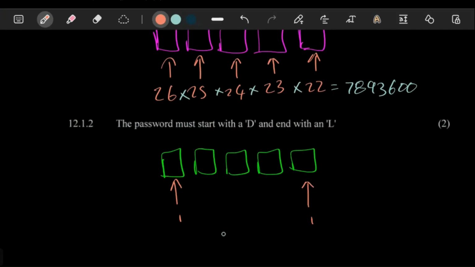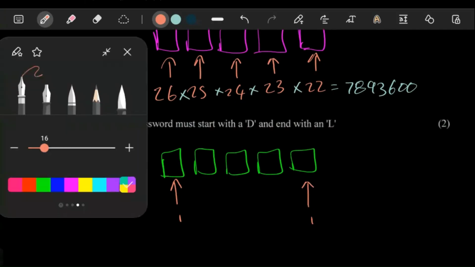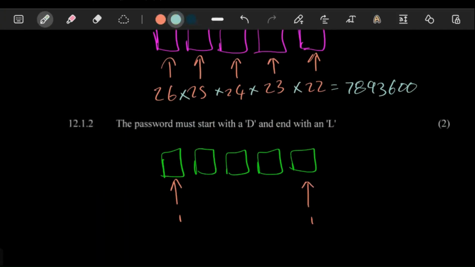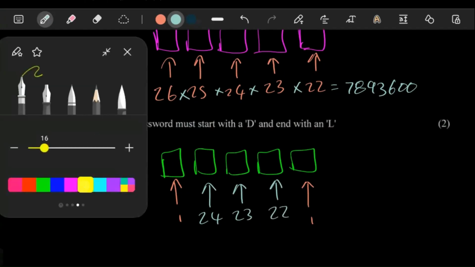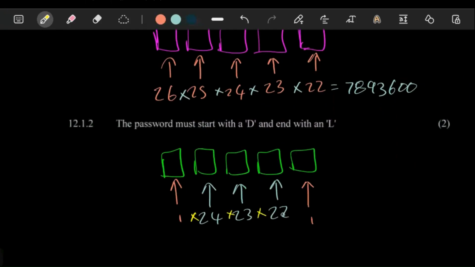So once 2 letters are used up, you only have 24 options now, then 23 options here, and then 22 options here. So those combinations are 1 times 24 times 23 times 22 times 1. That's 12,144.